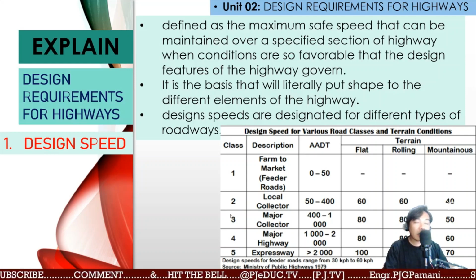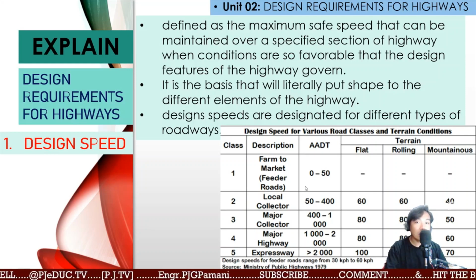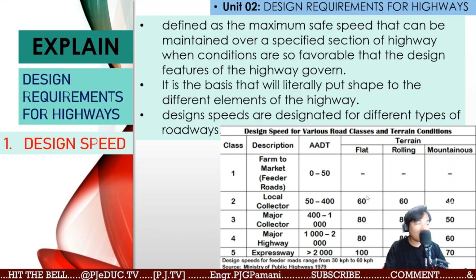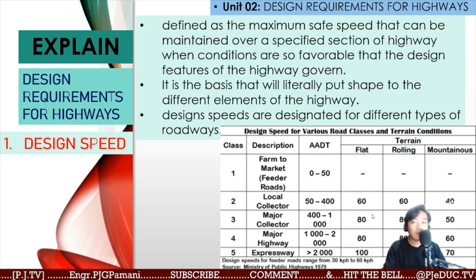And number 2, we have local collectors. When we say local collectors, AADT has 50 to 400 vehicles. Flat at 60, rolling at 60, mountainous at 40 kph design. Then 3, we have major collectors, 400 to 1,000 vehicles. Speeds are 80, 80, and 50 for mountainous.